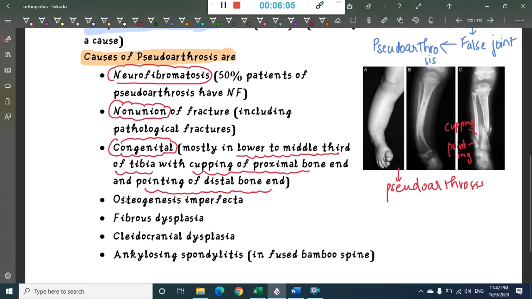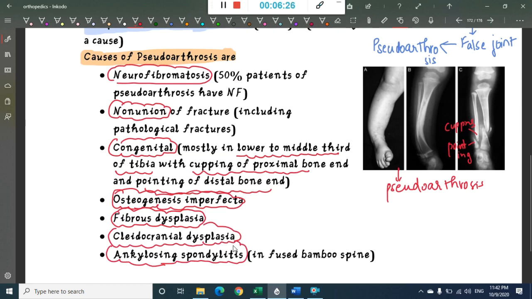And then the other causes: it is also seen in osteogenesis imperfecta, fibrous dysplasia of the bone, cleidocranial dysplasia, and ankylosing spondylitis. So what are the causes?